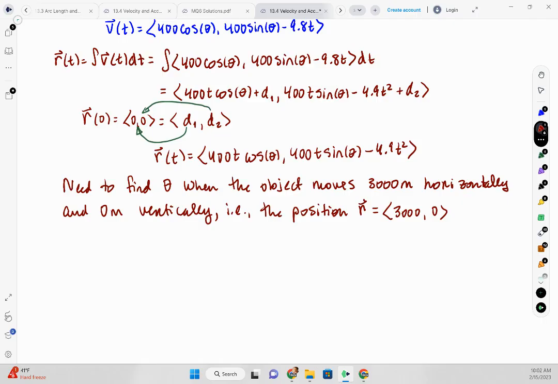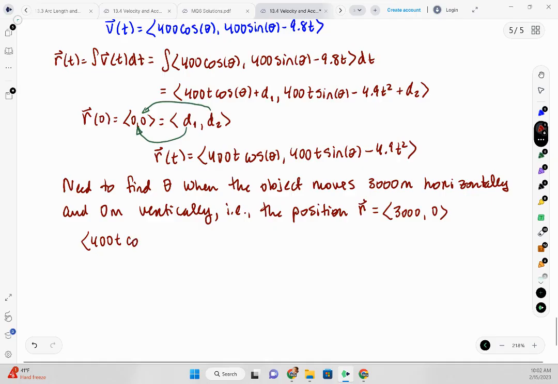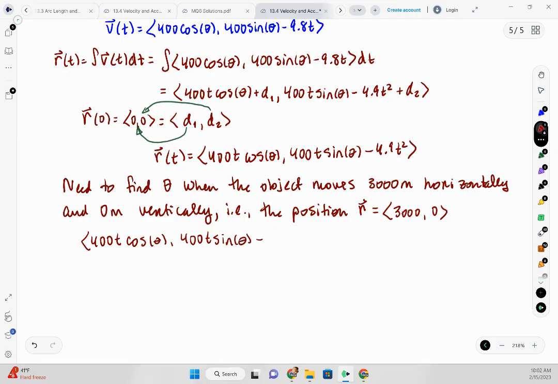So we're taking our vector function r of t, which is (400t cosine of theta, 400t sine of theta minus 4.9t squared), and we're setting this equal to (3,000, 0).